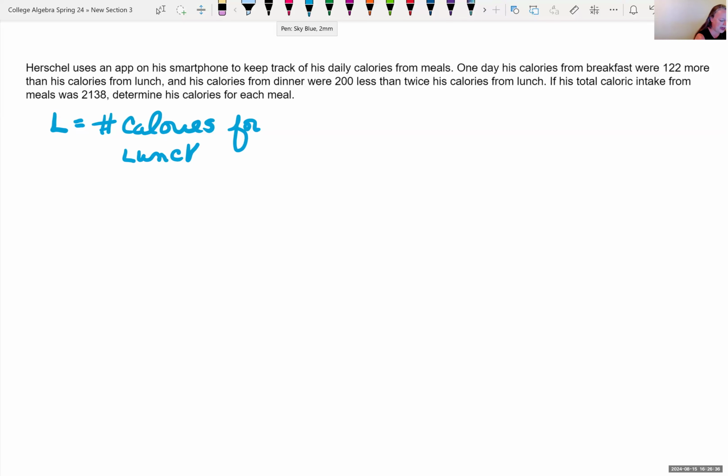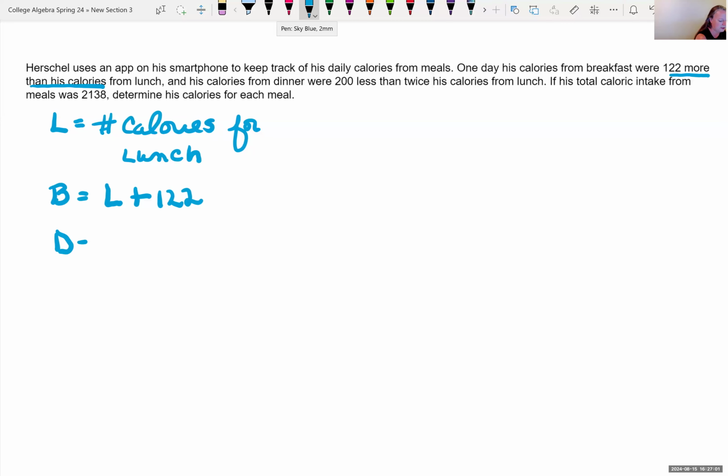Okay, so now let's go back and express what breakfast is. So B for breakfast. One day the calories from breakfast were 122 more than. So I know that I'm going to take the number of calories from lunch plus 122 more calories.